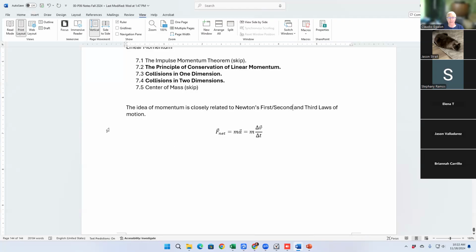The second law of motion states that the net force applied to a mass is the mass times acceleration, which is mass times delta V over delta T. Delta V is going to be the final velocity minus the initial velocity, right?